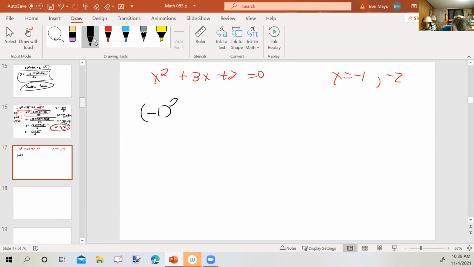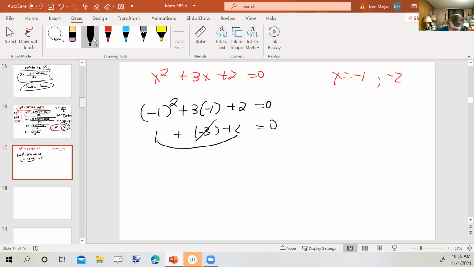Negative 1, the quantity squared, plus 3 times negative 1 plus 2 equals 0. Negative 1, the quantity squared, negative 1 times negative 1 is positive 1, plus negative 3 plus 2 equals 0. Well, 1 plus 2 is 3, plus negative 3 would be 0. 0 equals 0, so the first solution checks.